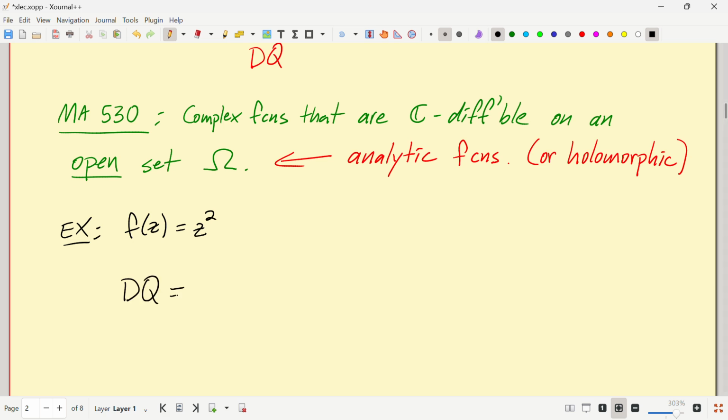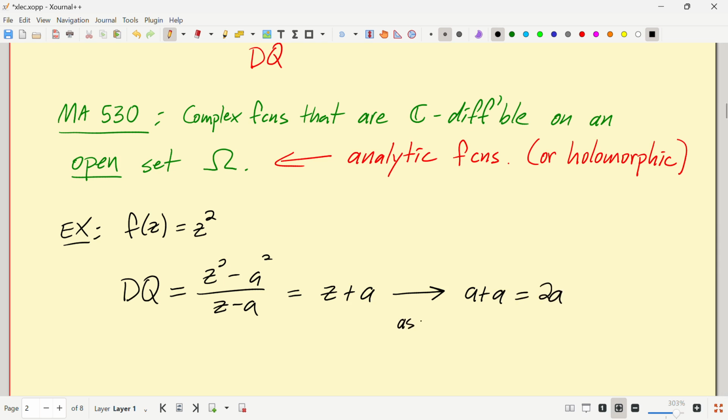The difference quotient is z squared minus a squared over z minus a. You factor the numerator and cancel out the z minus a, and you get z plus a. And it's very routine to see that that tends to a plus a equals 2a as z tends to a. Which is what you'd expect, and that's exactly the same as the freshman calculus example.